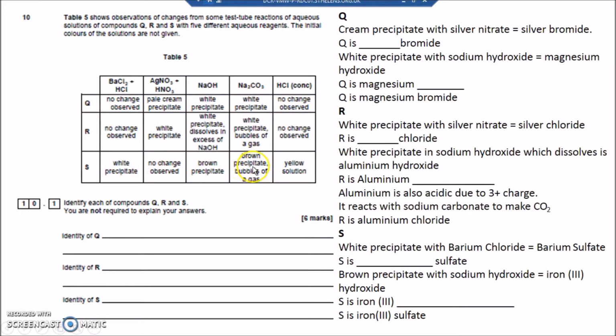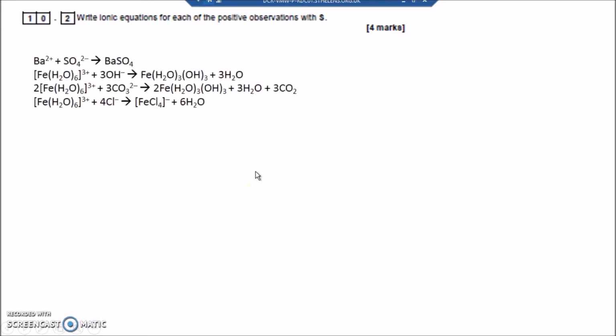Next one is precipitate and bubbles of a gas. So Fe(H2O)6 3 plus is my complex iron 3 ion. Carbonate ions are CO3 2 minus. If you weren't sure of the 2 minuses, look at the oxidation states. Oxygen is in group 6, so it forms 2 minus ions, oxidation state minus 2. And if I've got 3 of those, I've got oxidation state minus 6.